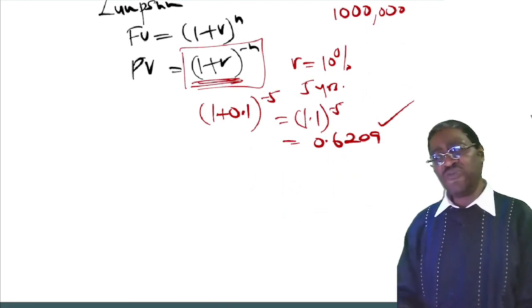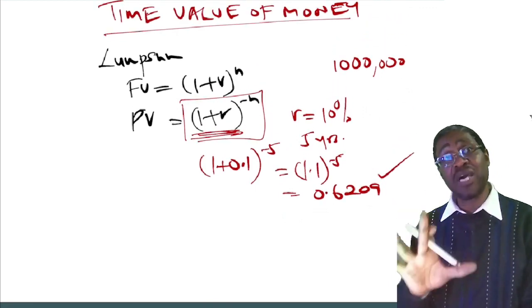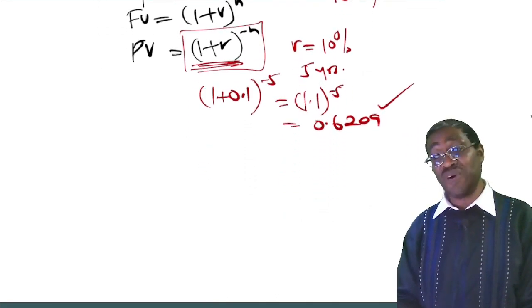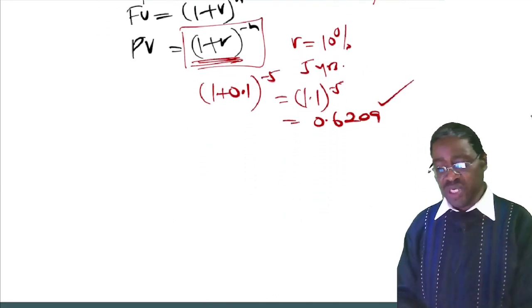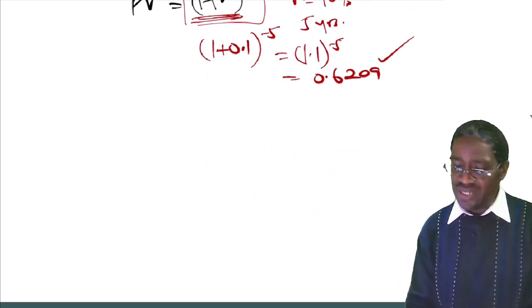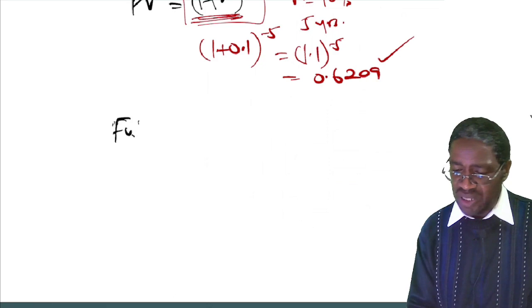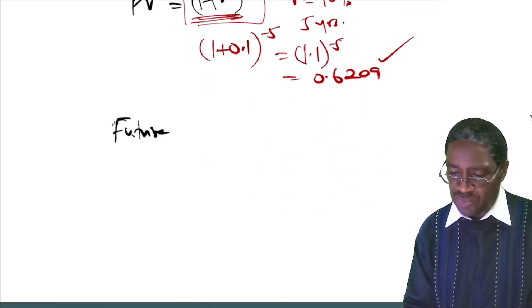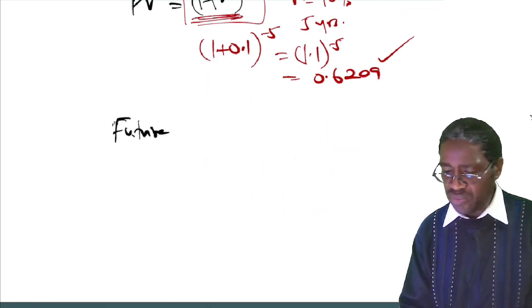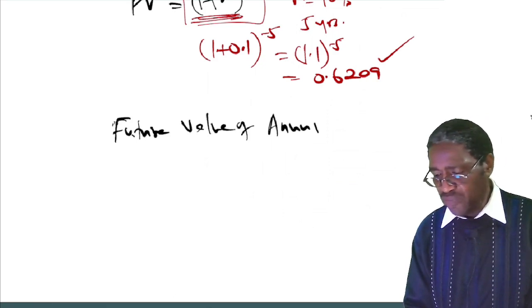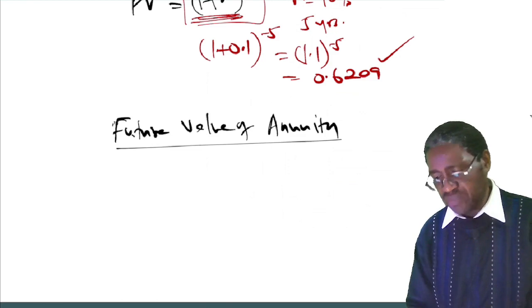Now, after we finished the discussion of how to get the present value and the future value of a lump sum, we went further and discussed how to determine the future value of an annuity.